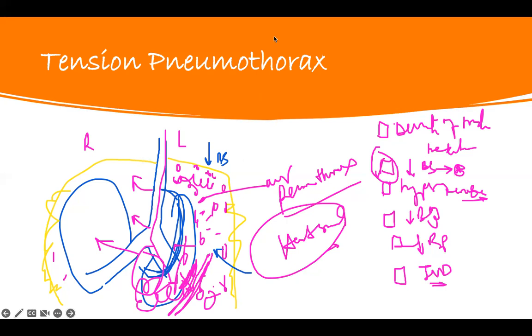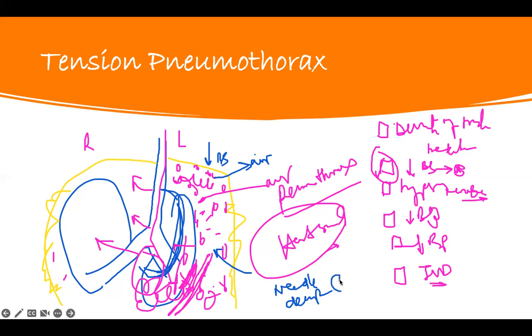So how do you treat it? You know the problem, you just fix it. We've got to remove all the air out. And so we do what we call needle decompression. You take an 18 gauge, usually 14 gauge.